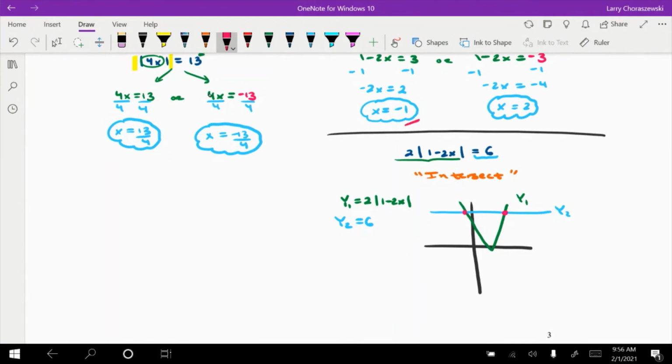We got x equals negative 1 and x equals 2. The first point of intersection, the one to the left, is at negative 1 comma 6. And the second point of intersection is at 2 comma 6. And of course, it's the x coordinates that serve as our answers. And our graph confirms x equals negative 1 and x equals 2.